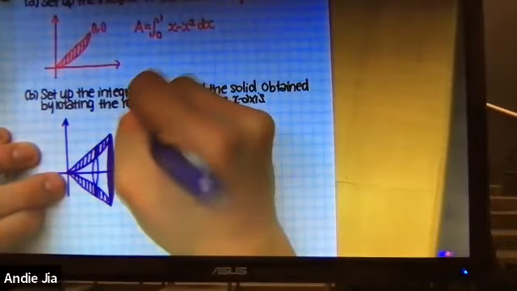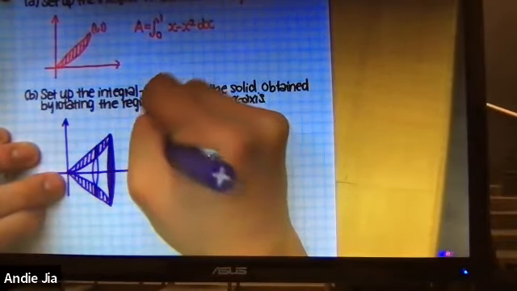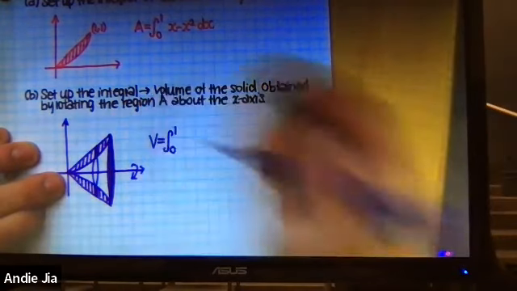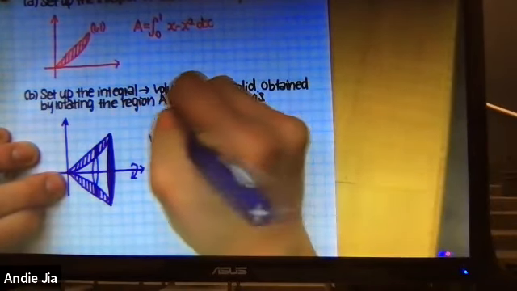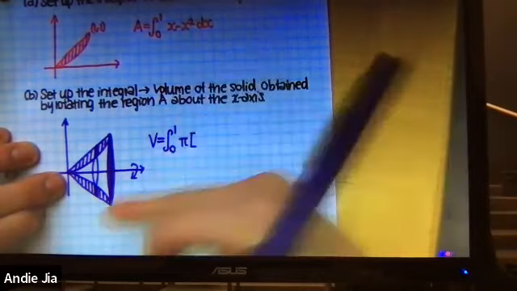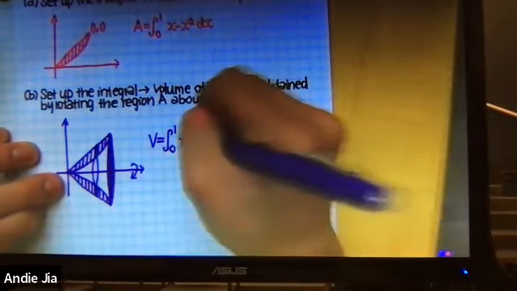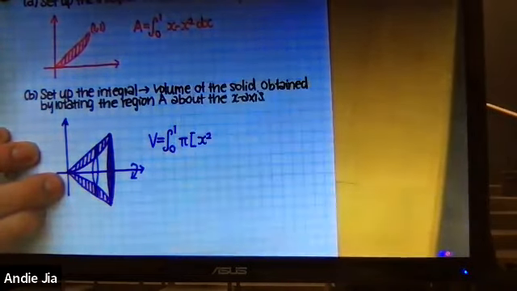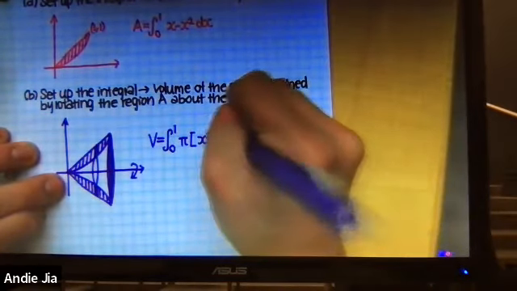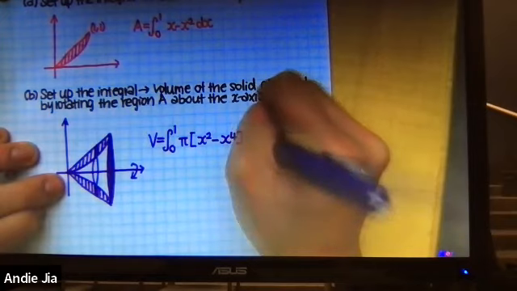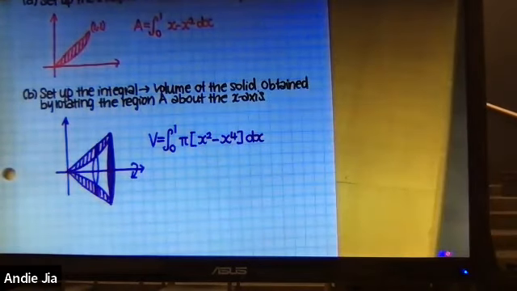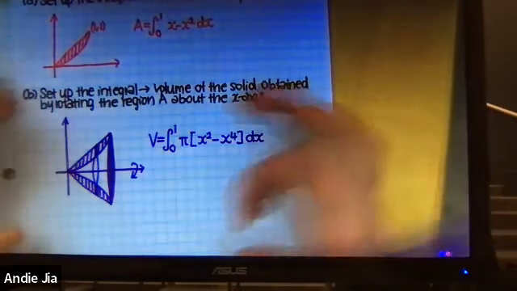So the volume is the integral from 0 to 1 of pi times (f of x, which is x squared, minus g of x, which is x to the 4) dx. This is the volume of the solid obtained by rotating the region about the x-axis.